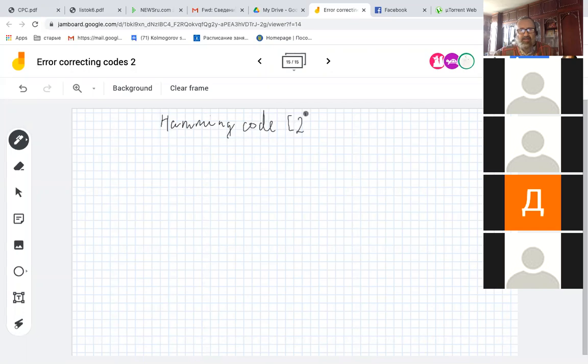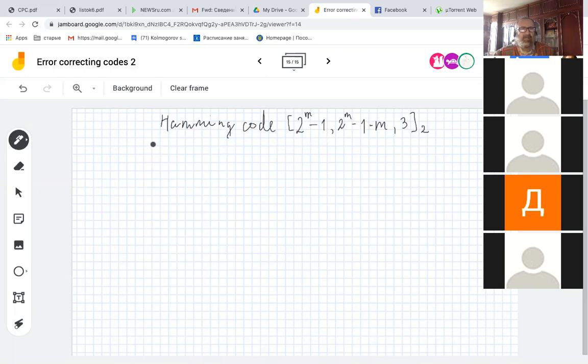The block length is 2 to the m minus 1, where m is an arbitrary integer parameter. Their dimension is 2 to the m minus 1 minus m, and the minimum distance is 3, and this is the binary code.